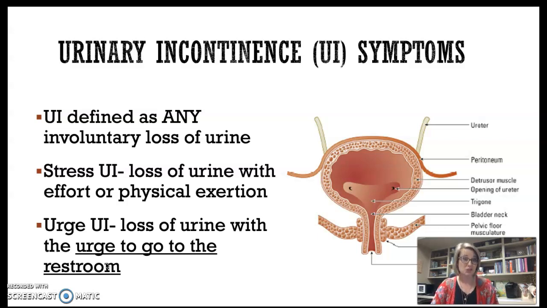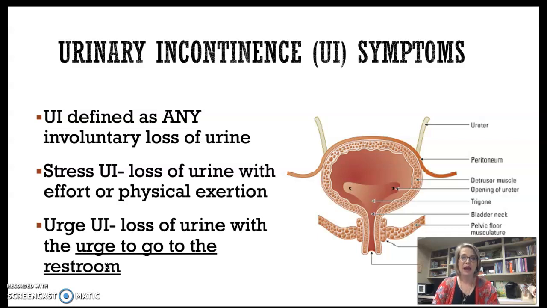Now, stress urinary incontinence, that is when there is a loss of urine with effort or physical exertion. For example, achoo! When you cough or sneeze, that increases the intra-abdominal pressure that you feel in your abdominal pelvic cavity. And any increase in that intra-abdominal pressure or physical exertion can cause pressure to push down onto the organs.